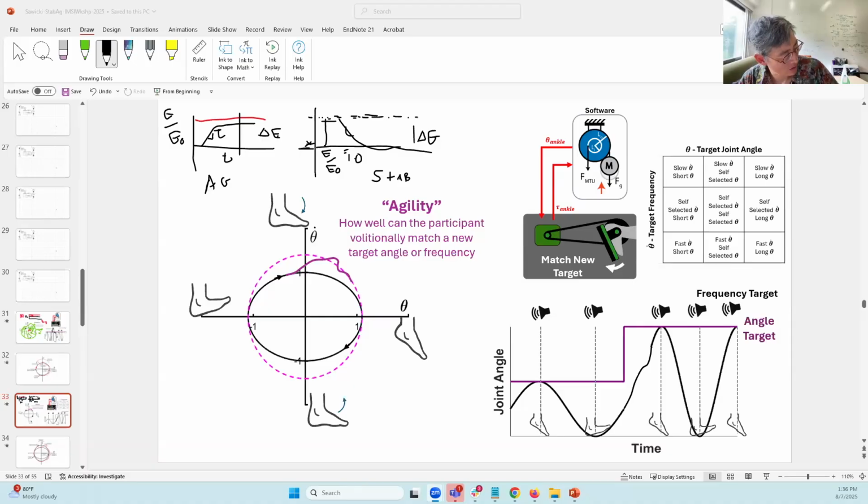We struggled with whether we should give the feedback on torque versus on joint angle. Because you could show people their torque through time instead. And then you could solve for the torque through time they need to maintain a limit cycle and ask them to just attend to that torque.